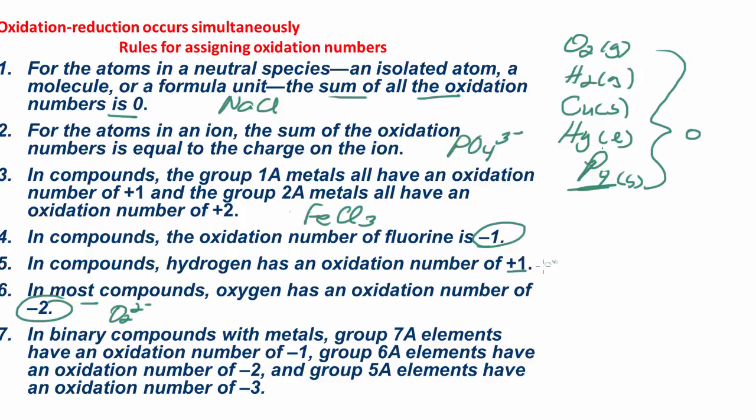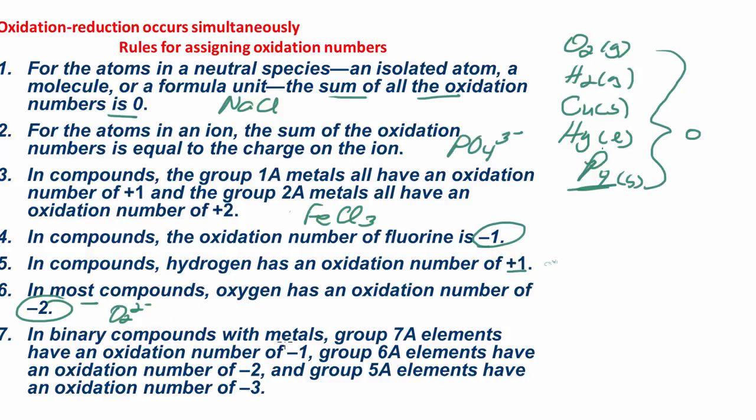But in most compounds, when it's bonded to nonmetals, the oxidation number of hydrogen is +1. Nonmetals usually have negative oxidation numbers, but sometimes they can be positive.